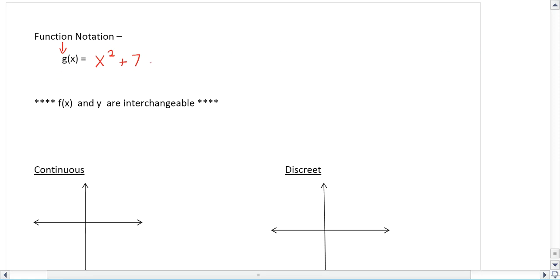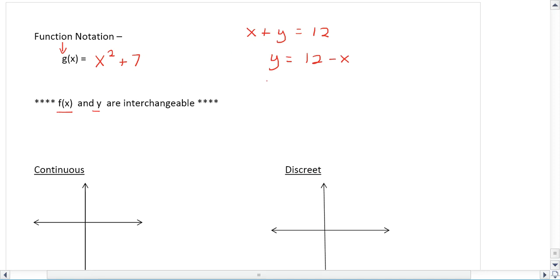The other thing we need to know when we're working with these, and this is kind of to help us with our calculator, if we are given x plus y equals 12, and I asked you to graph that on your calculator, you would subtract an x from both sides and write y equals 12 minus x. And now if I asked you to change this into function notation, the f of x and the y are interchangeable.